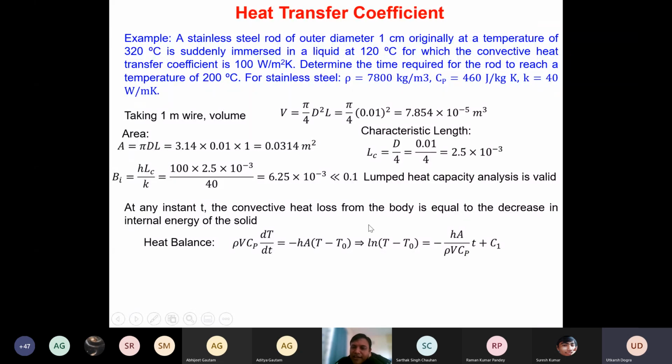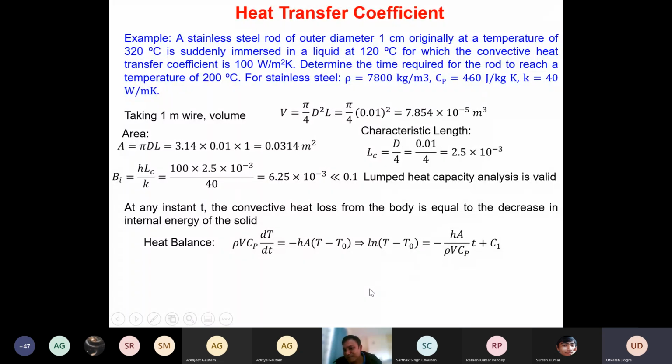So after integrating, what we get is ln(T minus T naught) is given as minus hA divided by rho V Cp times t, plus C1. This is the same equation which we have obtained earlier, isn't it? This is nothing but the multiplication of Biot number into Fourier number.